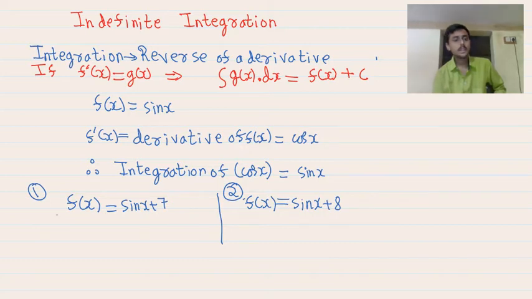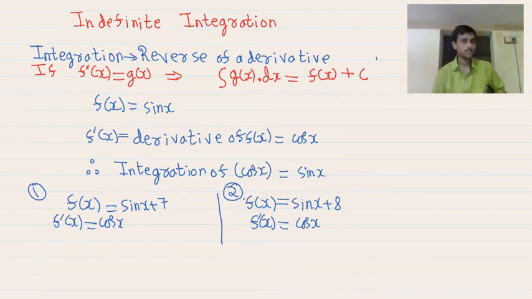In both cases, f dash x would be cos x because the derivative of a constant is 0. Similarly, here f dash x is equal to cos x, because the derivative of 8 is also 0.